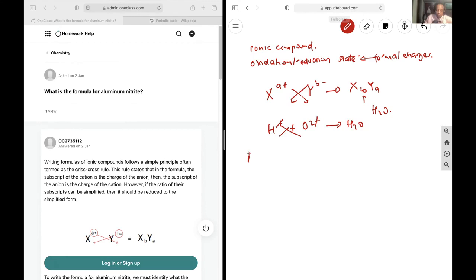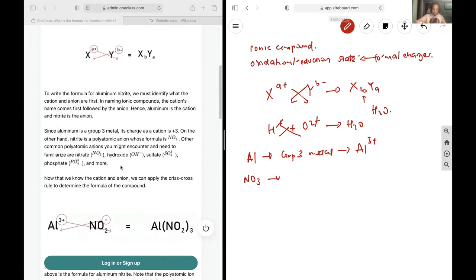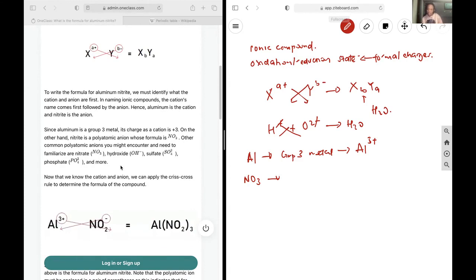And so for aluminum, we know that it is in group 3. So group 3 metal, which means that its charge will look like that. And for nitrite, we have a list here of common ions like hydroxide, sulfate, nitrate, and phosphate, and they just have commonly known charges.